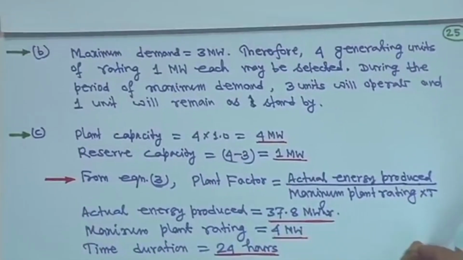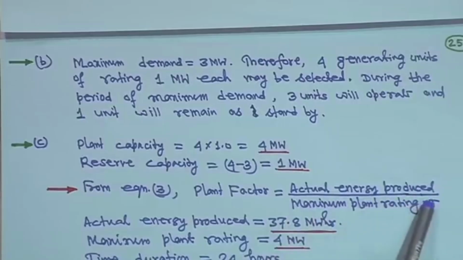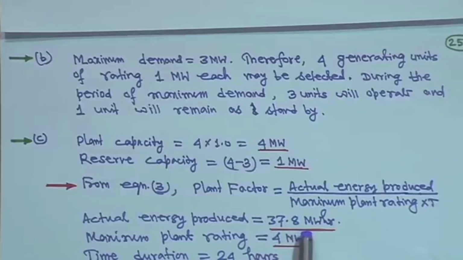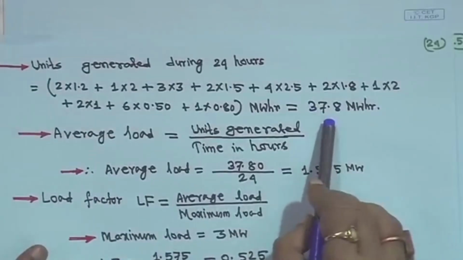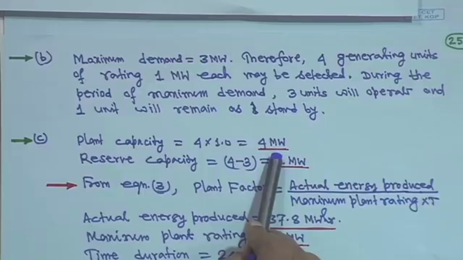Now, from equation 3, the plant factor is equal to the actual energy produced divided by the maximum plant rating into T. The actual energy produced is 37.8 megawatt hour, as we have just seen, and the plant capacity now is 4 megawatt.